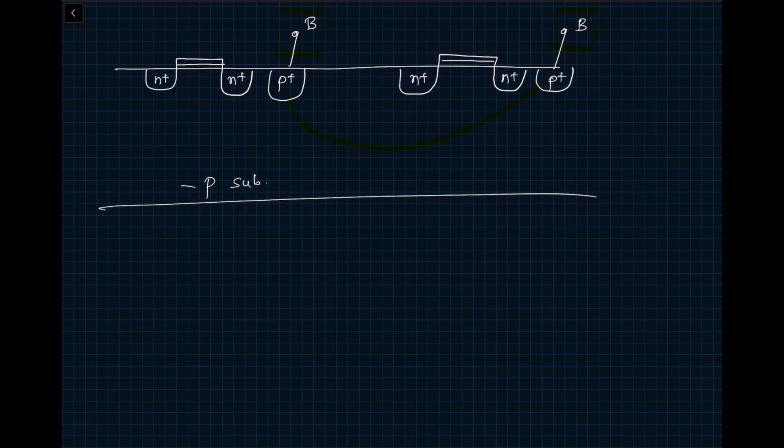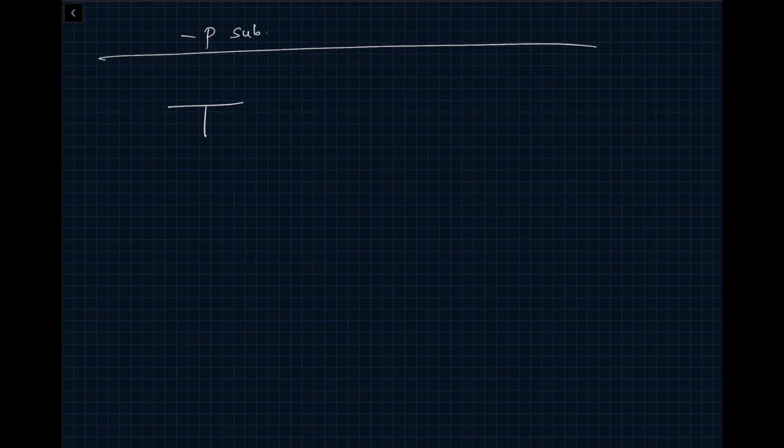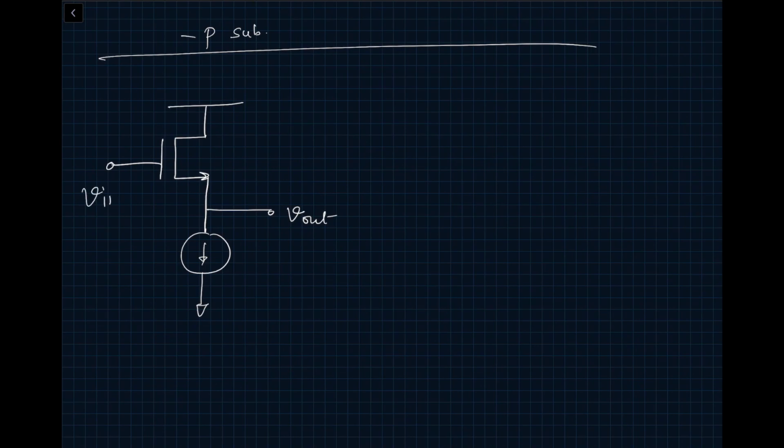So if we look at our original example of a source follower circuit, here we have this as Vout, this is Vin, and this is VDD. When we did the first cut analysis, we ignored the body effect. So we assumed that this is actually connected to its own source, like this. However, as I explained just a few minutes ago, that is not possible in a standard digital CMOS process.